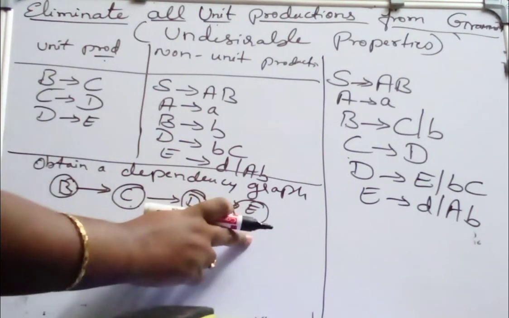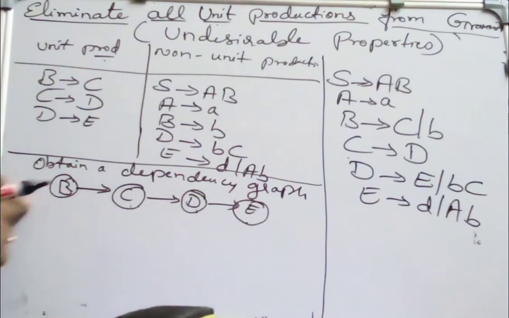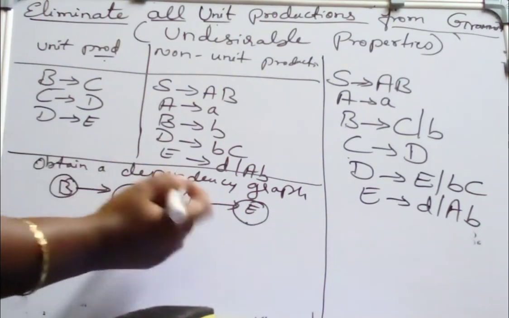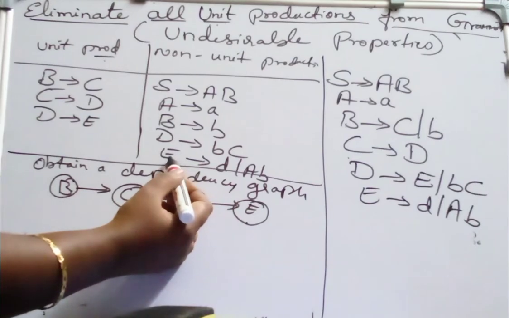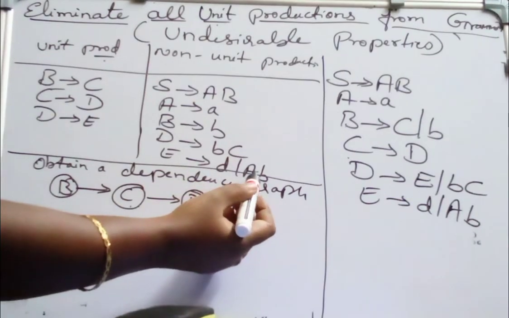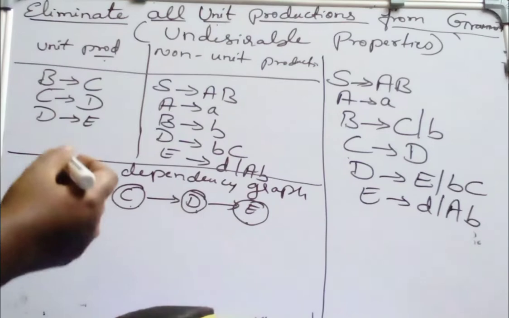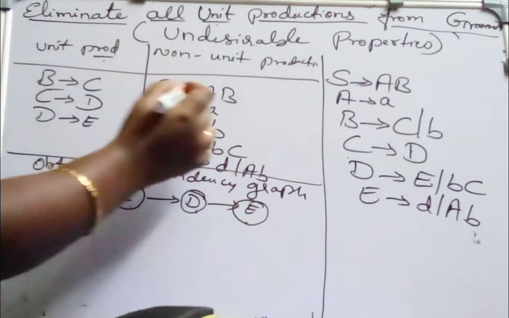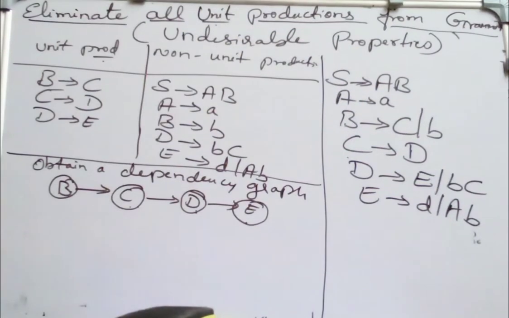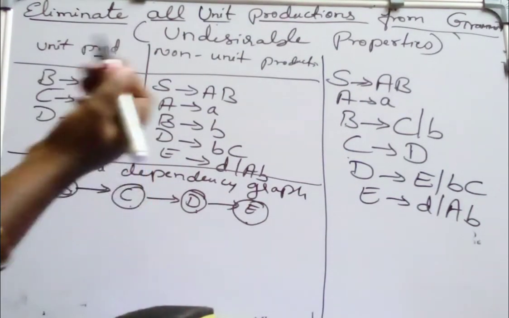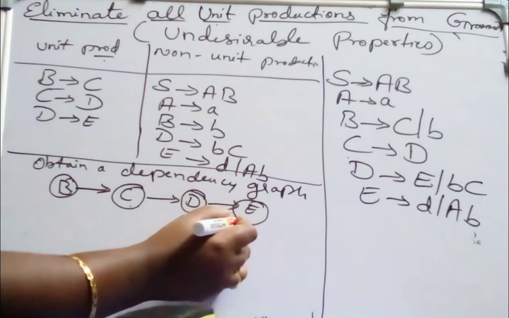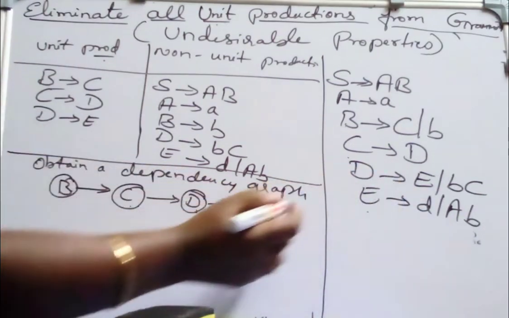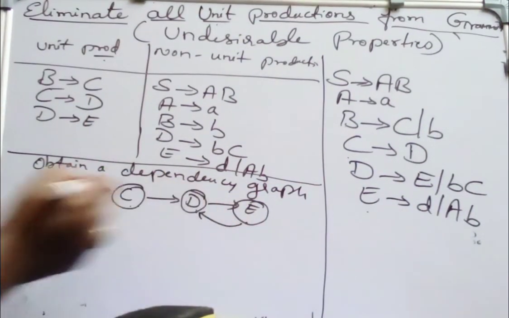Which can we remove first? From the right hand side you start removing. So what is the production for E? You have E derives D or AB. Now consider the productions from the beginning. S derives AB doesn't have any unit productions. Whatever is there in E, D or AB, copy it to D now.